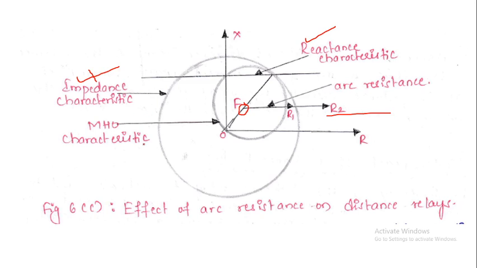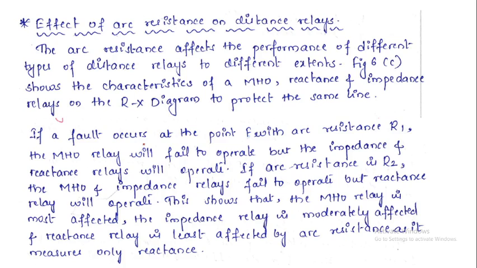Hence we come to the conclusion that the Mho relay is the most affected by the arc resistance. For both the arc values we have taken, R1 and R2, the Mho relay is affected. The impedance relay is moderately affected, because for some values it is going to operate and for some values it is not.